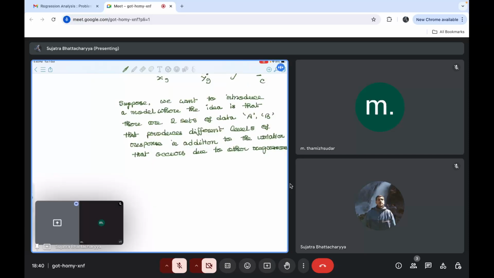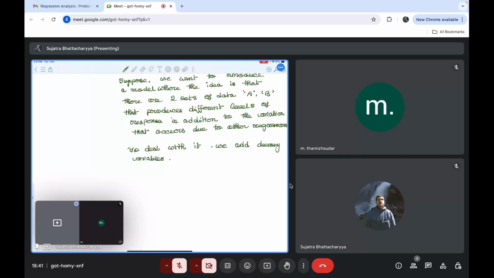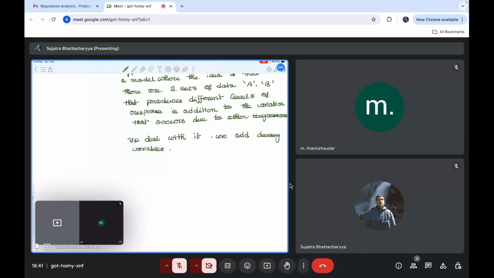So to deal with it, we add a dummy variable. So let's start with a simple model with one regressor.